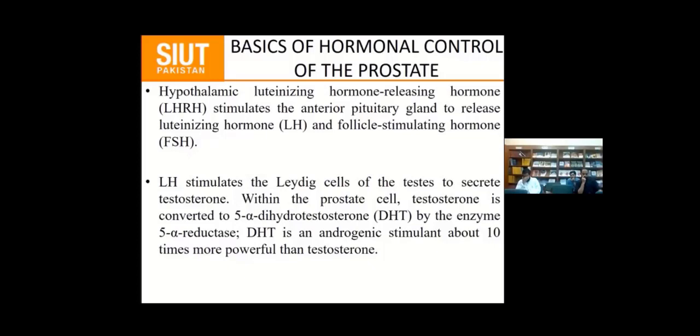Within the prostate, testosterone is converted to DHT, 5-alpha dihydrotestosterone, by the enzyme 5-alpha reductase. Dihydrotestosterone is an androgenic stimulant, about 10 times more potent than testosterone.